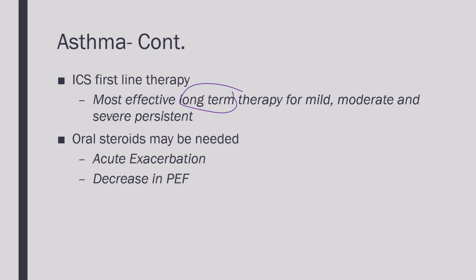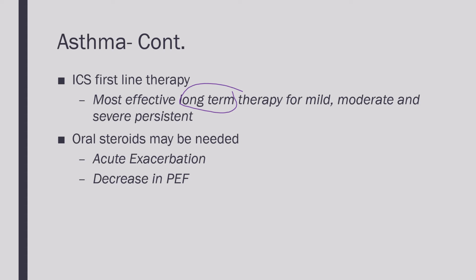And that's something that, yes, we can start it when they show up in the emergency department. We can start it while they're in the hospital, but we've got to understand that that's going to be their long-term therapy. That's not something that's going to be built up significantly currently. So it is a first-line therapy at all levels, to make sure that we're doing proper maintenance control, right? So we're looking at long-term.